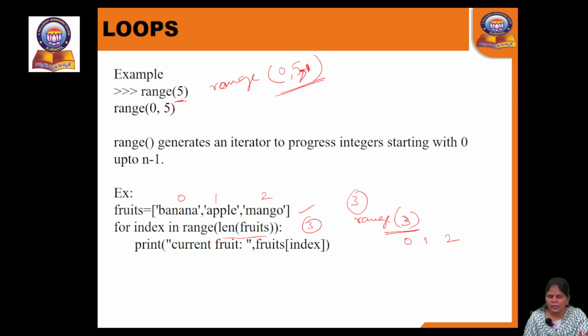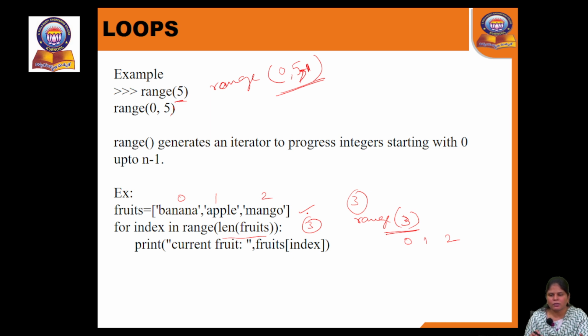So in the lists, strings and tuples, we will be having index values. These are all the sequence data types in Python. The index values will start with 0 and go up to the length minus 1. So if I have 3 items in the list, the last index will be 2. If I have 5 items in a tuple, the last index will be 4.